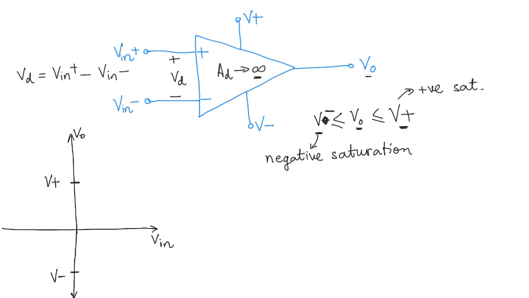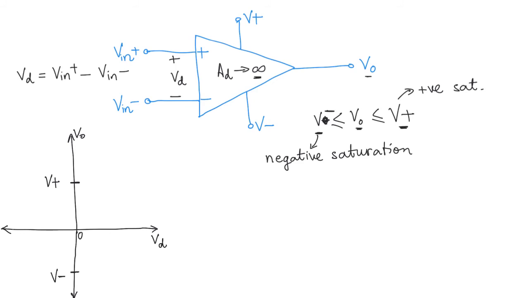And V in positive and V in negative, that's 0. Now what happens? Whenever V in, a mistake here. This is not supposed to be V in. I'm supposed to write VD here, right? Because the output only depends on the difference of the voltages, VD. It doesn't matter what V in plus or V in minus is. So the input is VD.